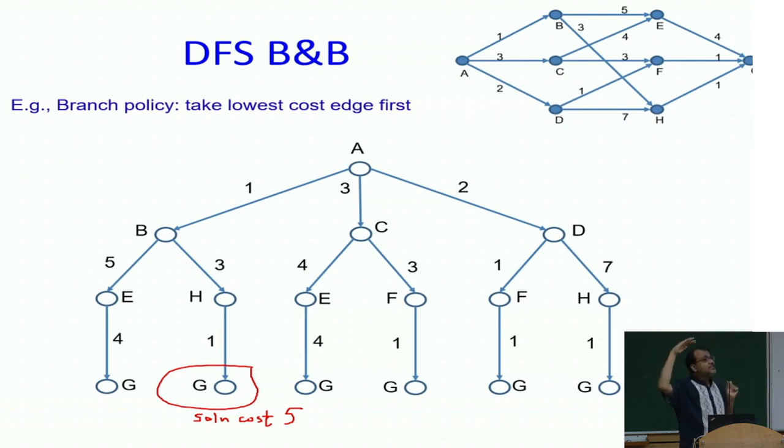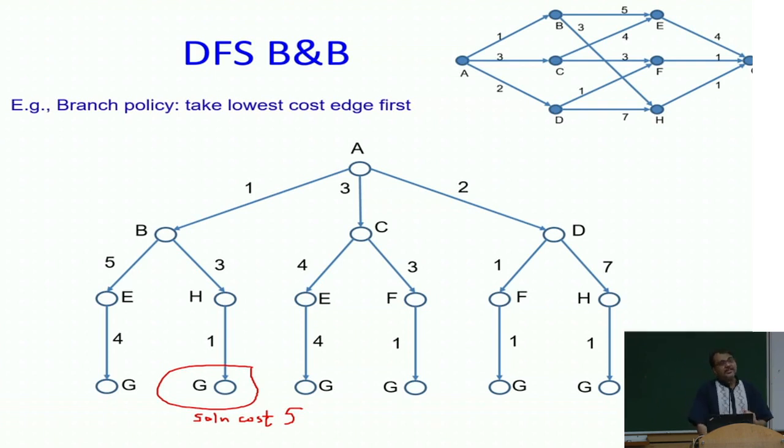As soon as I find a solution, my cost to the goal, the best cost, is less than equal to 5. My upper bound has become 5. This may be the optimal, we do not know, or we may find a better solution, but we know that the better solution will always be less than 5 if it is better. If it is as good, it may be 5, if it is worse, it will be greater than 5. So, I have reduced my upper bound to 5.